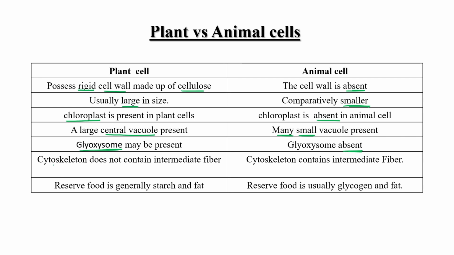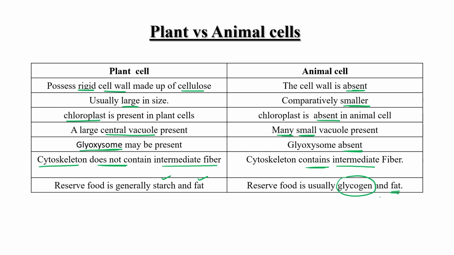The cytoskeleton in plant cells does not contain intermediate fibers, while in animal cells the cytoskeleton contains intermediate fibers. As reserve food, plant cells store food in the form of starch and fat, while in animal cells food is stored mainly in the form of glycogen and fat.